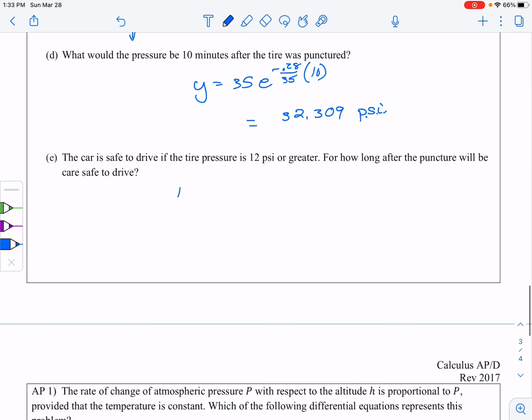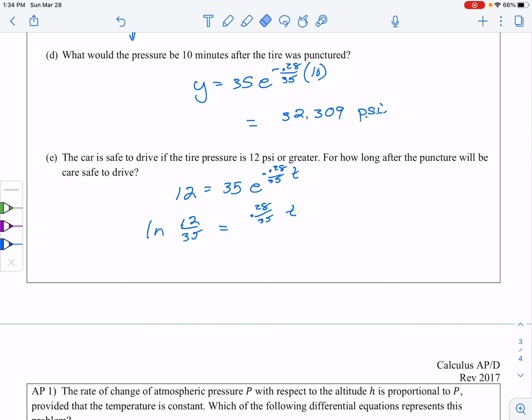Well, that's where you set it as 12 is equal to 35 e to the negative 0.28 over 35 times t. Divide by 35. And then take the natural log of both sides. Oh, when you take the natural log, that e went away.